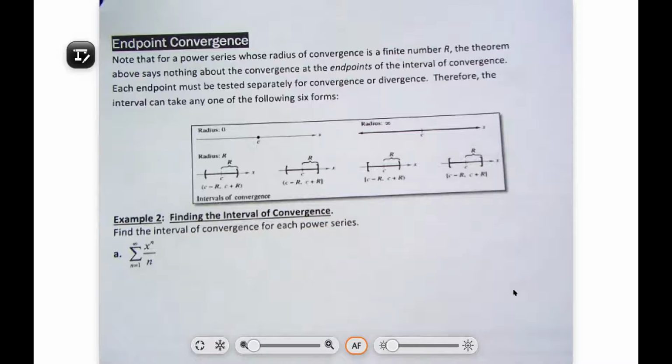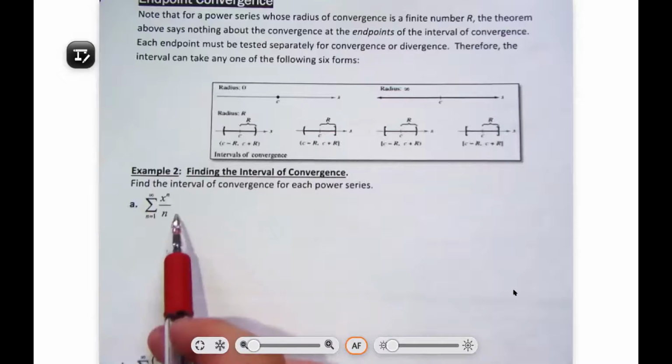So we then need to plug each endpoint into our series and see if the series actually converges at the endpoints. That's where all these points get doled out. Like doing the ratio test correctly, getting to the step where the absolute value of x minus 1 is less than 4, whatever, then finding your interval and then testing each endpoint. These are 5-point problems. Okay, so let's do it.